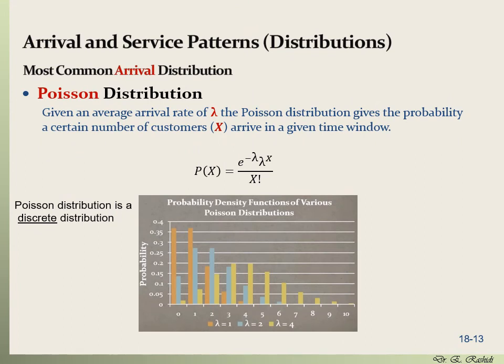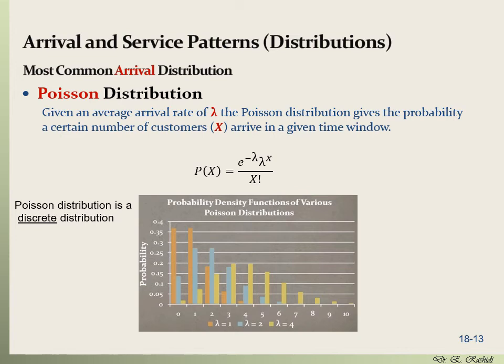One characteristic that we mentioned that distinguishes different queues from each other is the pattern for arrivals and the pattern for service. So here we want to talk about the distribution of arrival and the distribution of service. One of the most common distributions for arrival patterns is the Poisson distribution that you may remember from a statistics course.